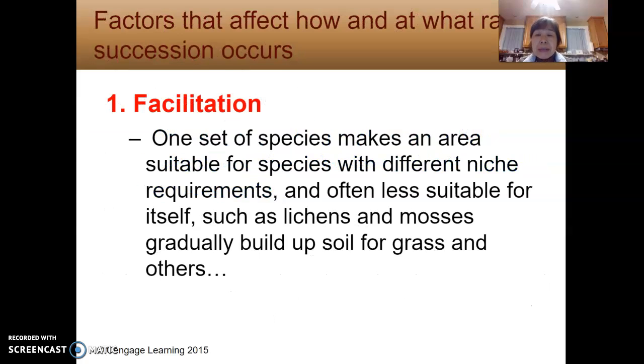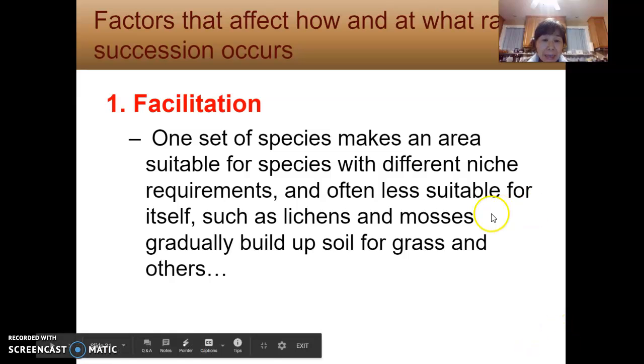During the process of succession, some situations help and some inhibit. So we are going to see those factors. Number one is called facilitation. This describes when one set of species makes an area suitable for species with different niche requirements, and often less suitable for themselves, such as you saw in the diagram of primary ecological succession.